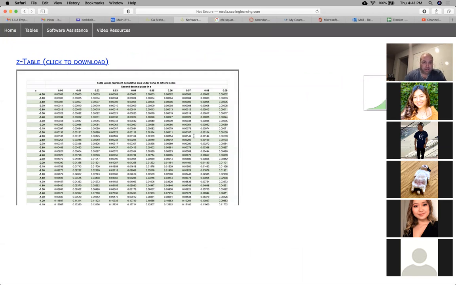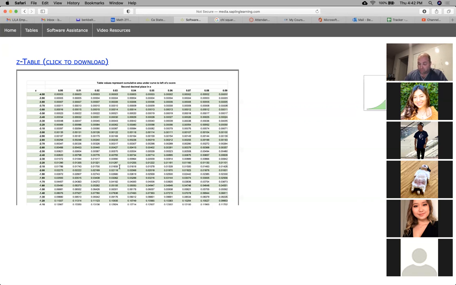And this one, table values represent cumulative area under the curve to the left. So if I want to use this table, I must compute 2 values: to the left of 750 and to the left of 400, and then I would subtract them. So to the left of 750, well, notice that these are z-scores, and 750 is my raw data.